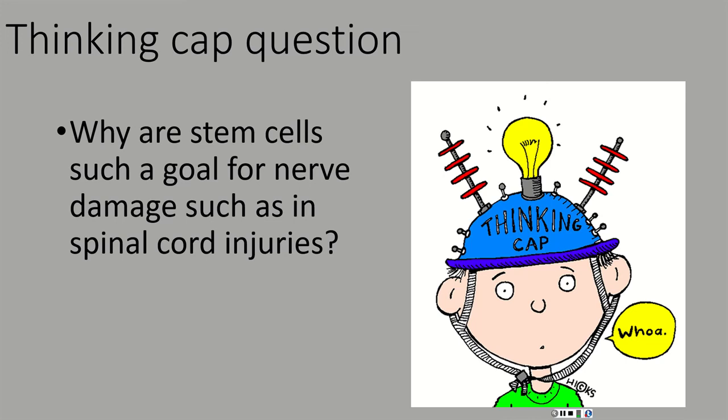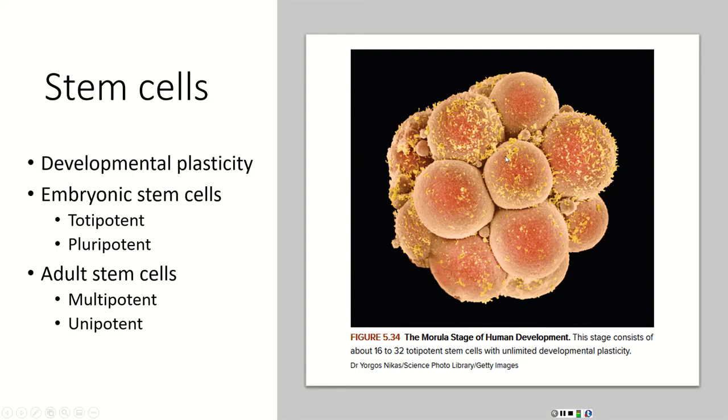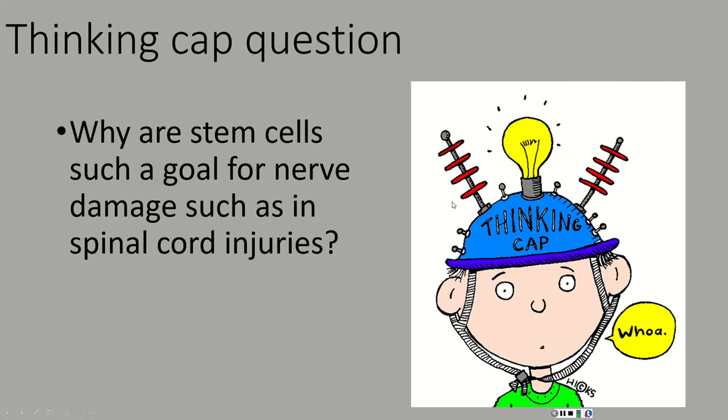So, how does that tie into stem cells? Well, if we have morula cells, or if we have these embryonic layers, either of those cell types could potentially become nerve cells. They are not limited in what they can become the way neurons are. Neurons will not divide to produce new neurons.